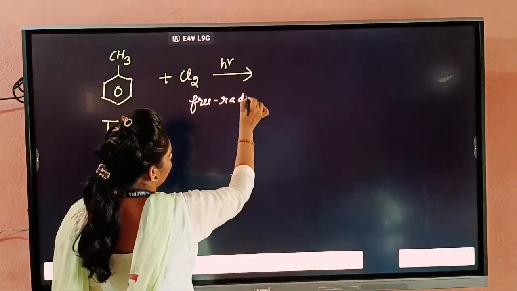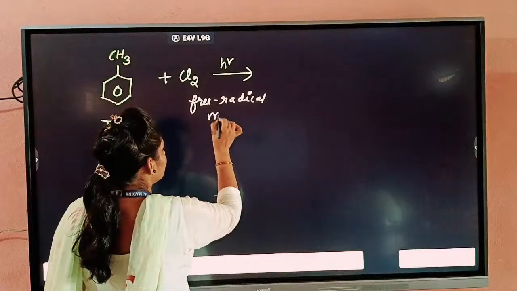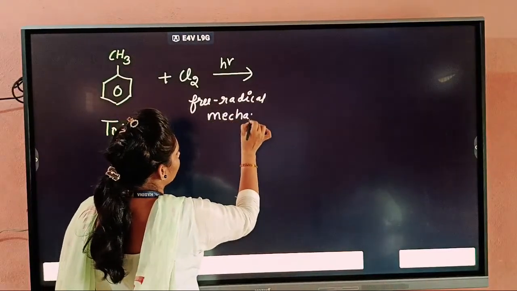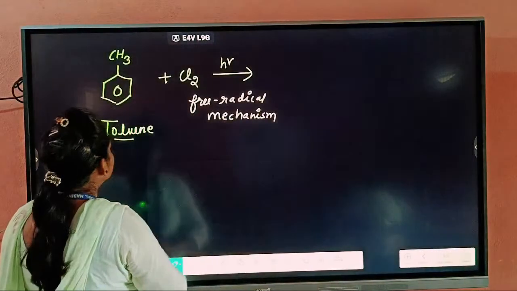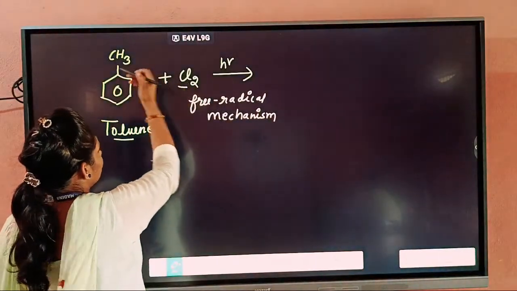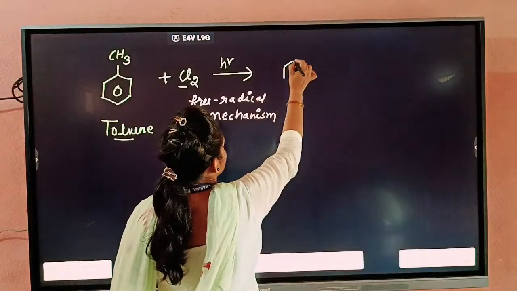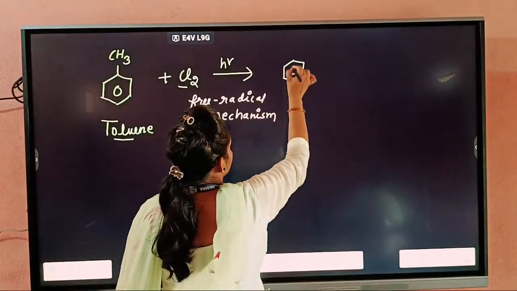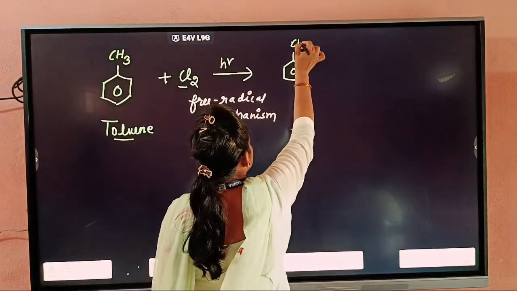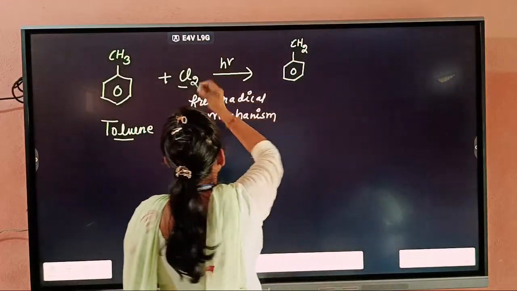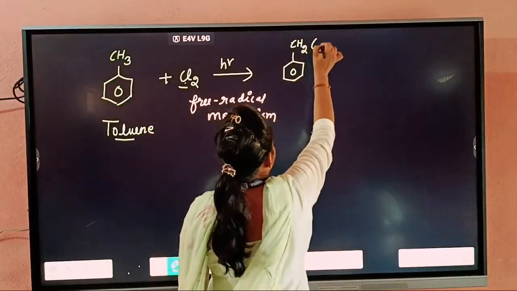By free radical mechanism, one hydrogen will be replaced by the halogen. Three hydrogens are there, so one hydrogen will be replaced by chlorine.